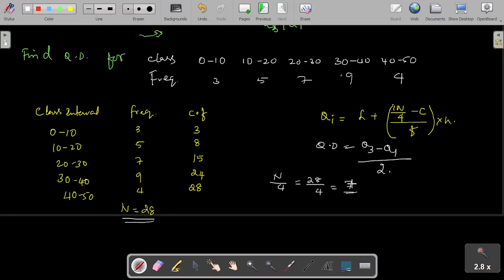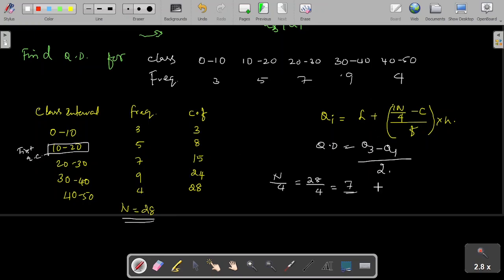Then see in the cumulative frequency column where this 7 comes. This is up to 3, and this is up to 8, so 7 comes within this cumulative frequency. The corresponding class interval is called the quartile class, or first quartile class.